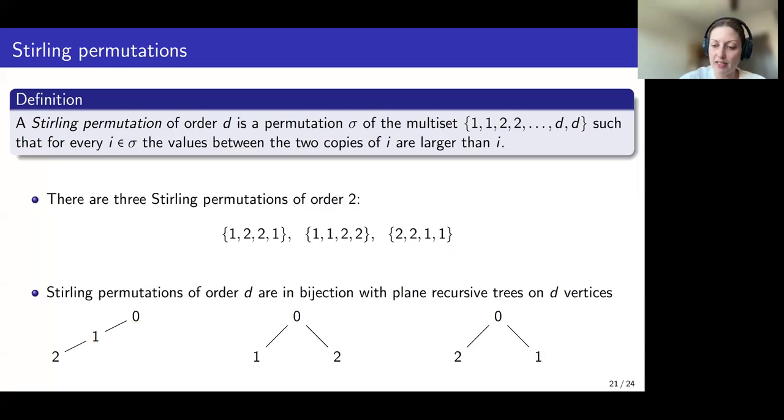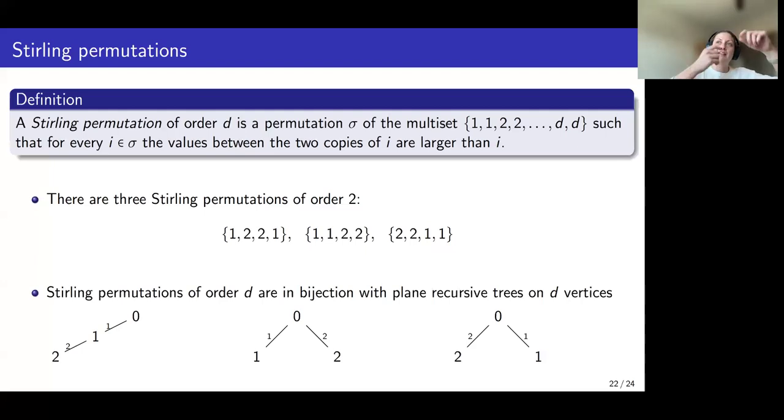And maybe I could just tell you an easy way to see this bijection is that if I give each edge, so when I add an edge, if I give that edge the same label as the vertex, so in this case, this first edge would have label 1, the second would have label 2, and so on here. And then I consider an Euler walk of this rooted tree, where I start at the left and then I start with each leaf.